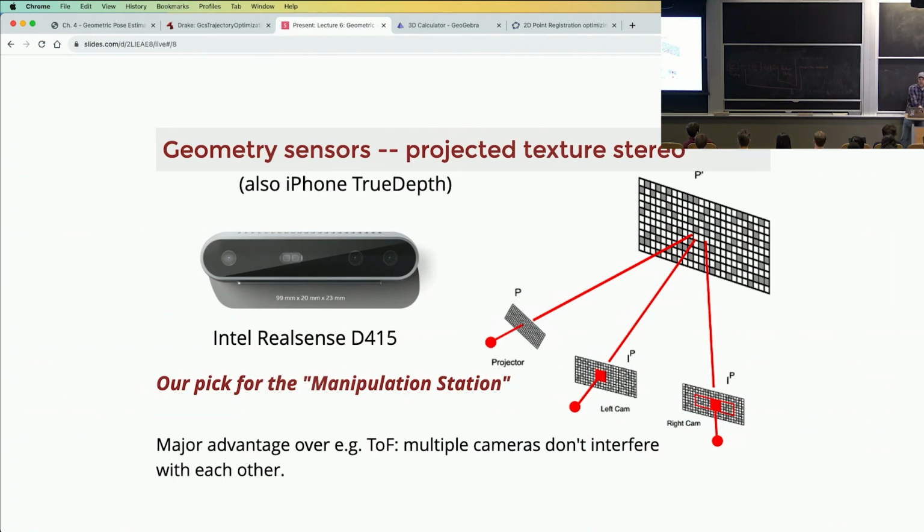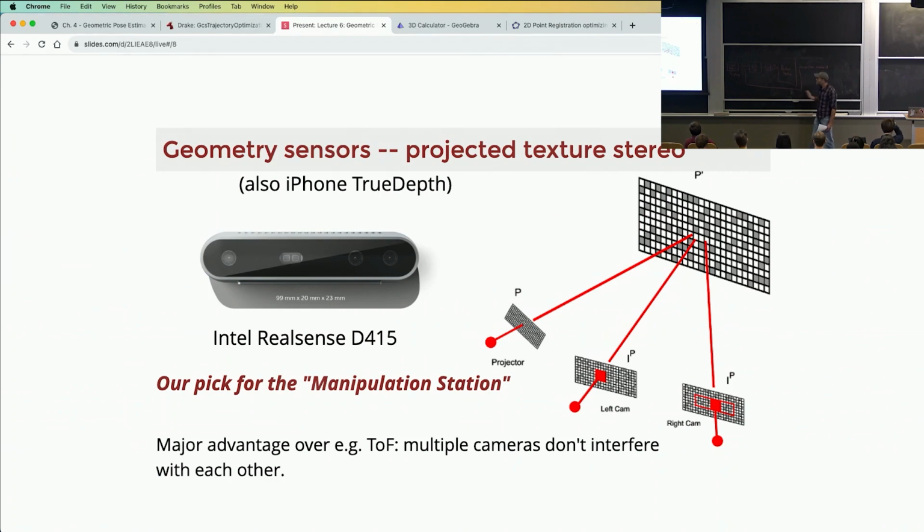The problem with just taking two camera images is if you're looking at a white wall, for instance, there's nothing to compare and contrast between the two images. So if you project in infrared a little bit of a pattern, then even in low contrast situations, you can get depth to come back out.